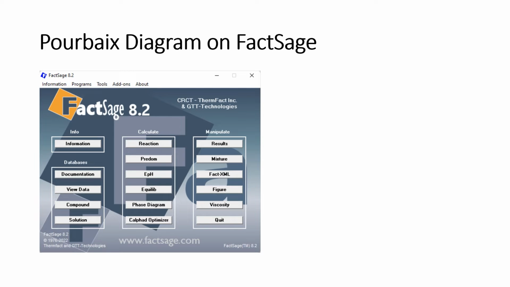But we will see the Pourbaix diagram on FactSage. We're not gonna calculate the reaction one by one in our case because of course the FactSage will calculate for us, and we click the EPH module in this case, and we will input the variable as follows.